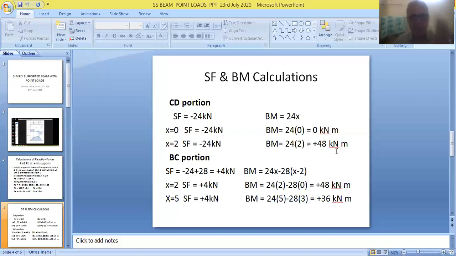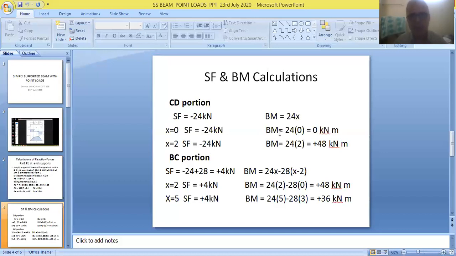So friends, this is the way of framing the equations, putting the limits for this portion, and getting the SF and BM values for both the limits: SF value for the lower limit and SF value for the higher limit.